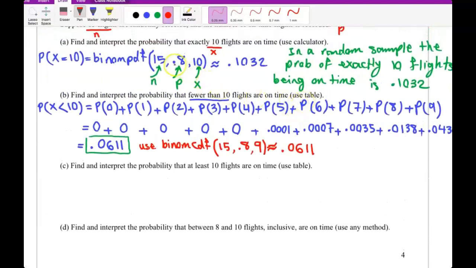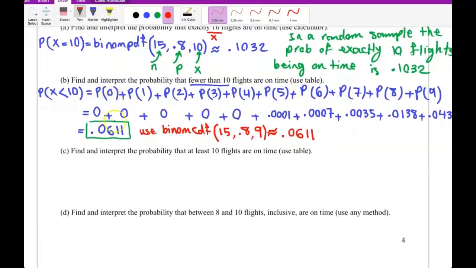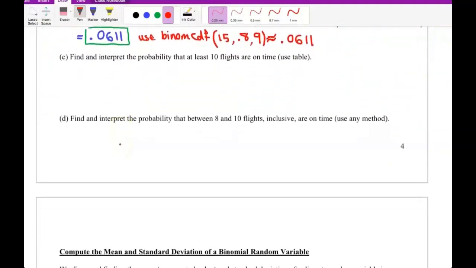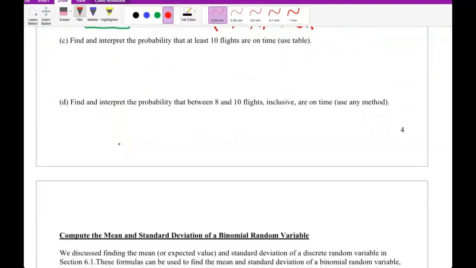Okay, so I only interpret for the first part. I'm not interpreting for these. I only want to show you how to find the answer for each part. So find the probability that at least, here we have at least 10 flights are on time. Here on the spot again, use table. So probability of X when X is greater than or equal to 10, because we have at least 10.